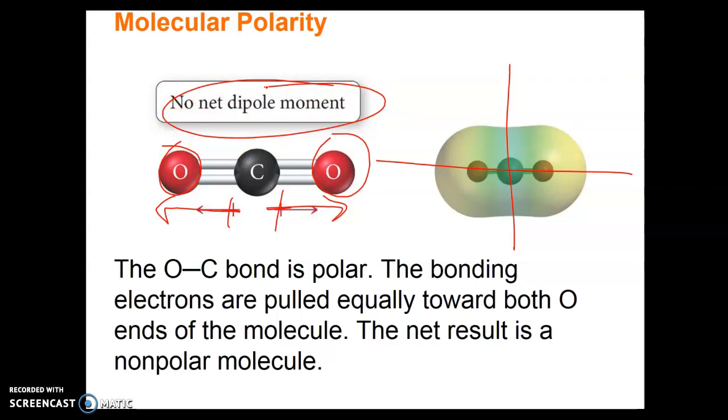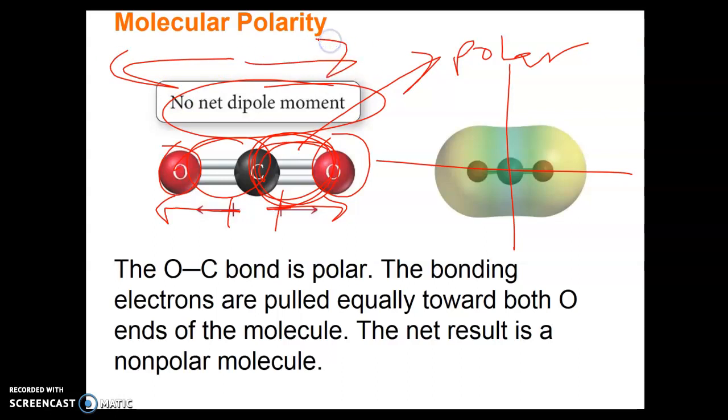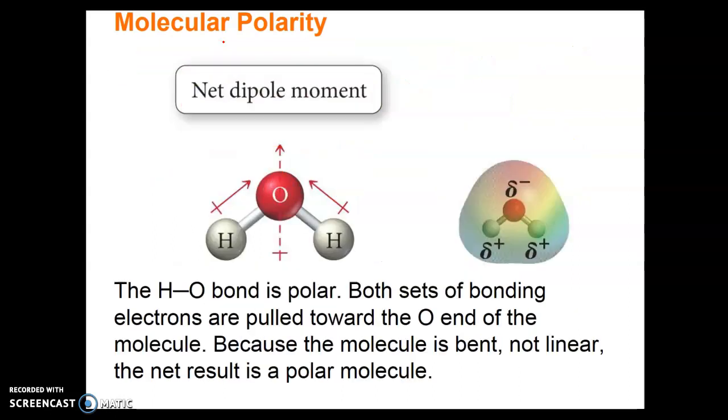So even though this bond right here, if you did the math, and this bond right here, would tell you it's polar, if you subtract them from each other, since one's going to the left and one's going to the right, it actually is confusing, because the bonds are polar, but the molecule, again, that's the one we're focusing on today, the molecule is not polar.